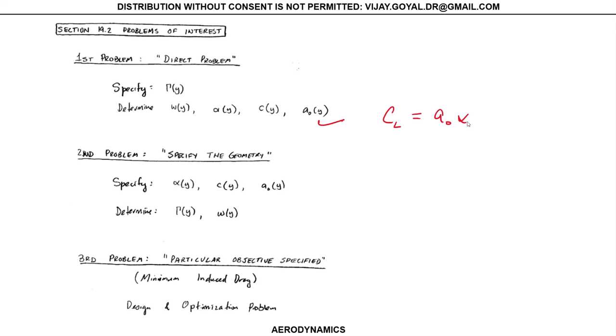Then the second problem could be, I got my angle of attack, I have my chord, I have A sub 0, and I want to find the circulation and the downwash velocity. The third one could be, we want to optimize the whole problem to minimize the induced drag. So these are 3 types of problems that we typically want to do.